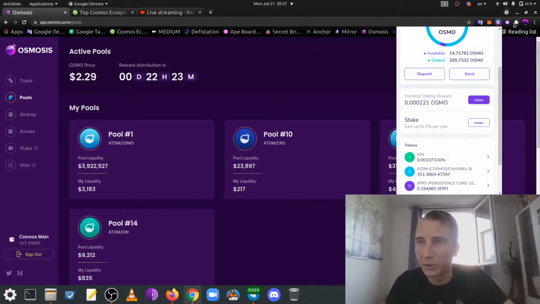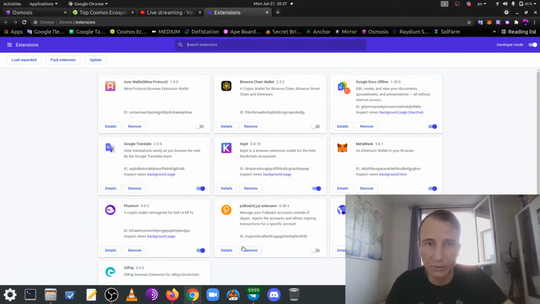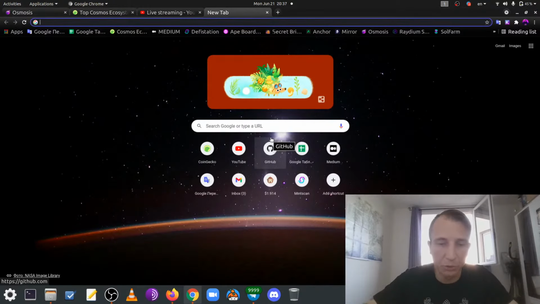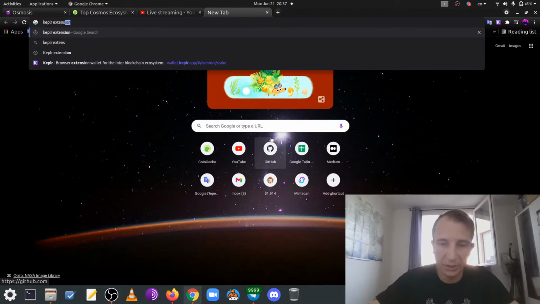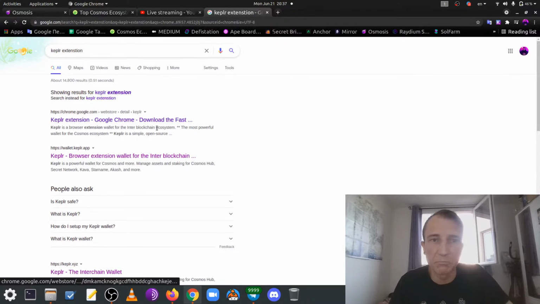I will turn off some of my extensions now, MetaMask I also don't need. Keplr is the only one that I need. So if you don't have a Keplr extension, you just need to input Keplr Extension, and the first link in Google will be the extension.